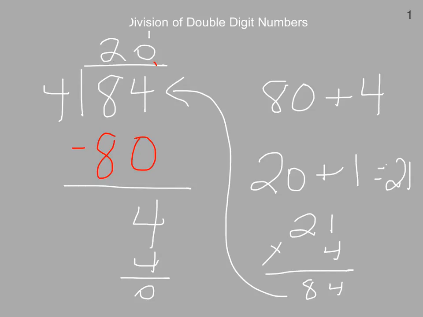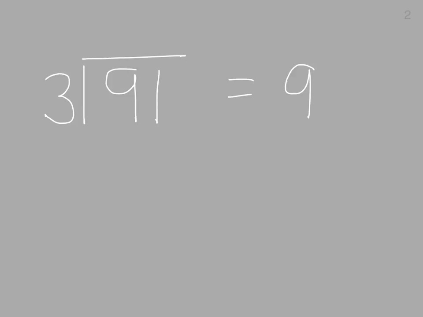Let's take another look at another example here. So I have the number, let's go 91 divided by 3. Again, we're going to think of 91 as being 90 plus 1. So we ask ourselves, how many times does 3 go into 90?